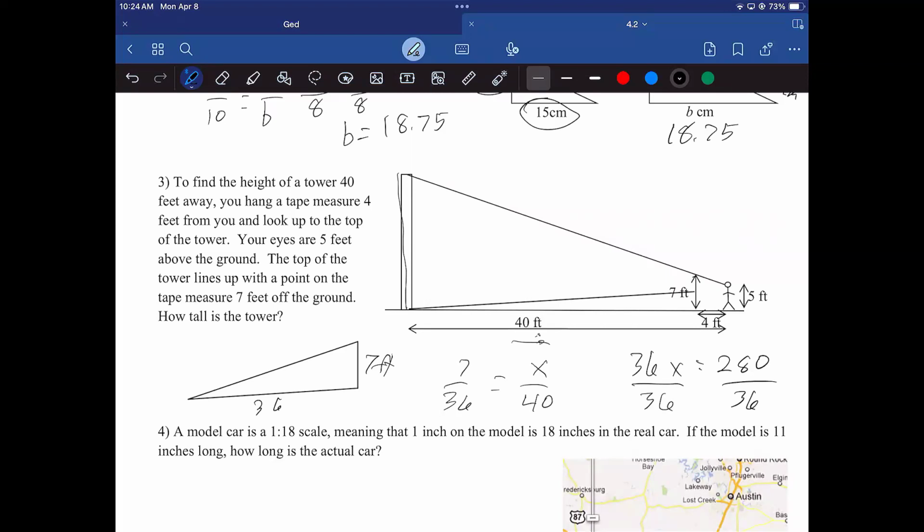Because I'm only getting that it's 7 some odd feet, but that doesn't match the picture. The top of the tower lines up with the. Yeah, that's what I did. Divide by this. Yeah, that's what I did.